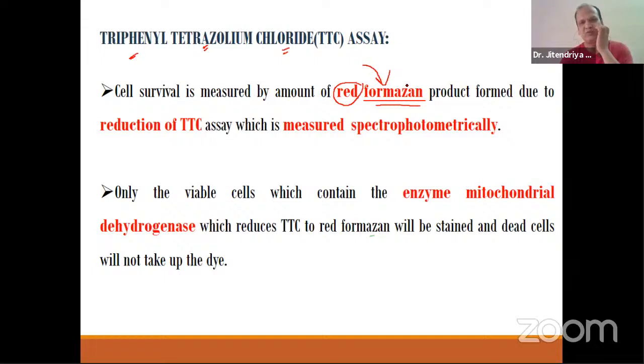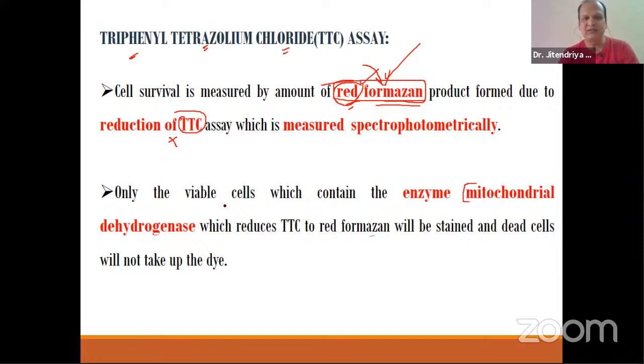You have to remember this one also. Okay, so once these cells are added with TTC, the TTC gets reduced to make this red formazan, and this color can be measured spectrophotometrically so that we can say that these cells are surviving. Okay, so how can we determine which part of the cells actually stained with this red color?